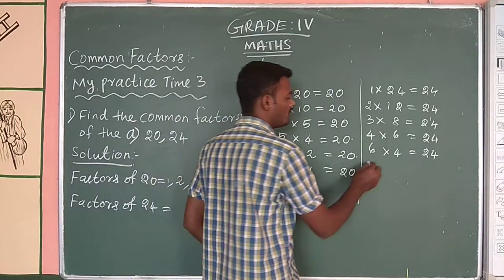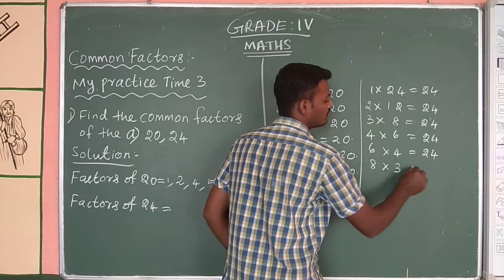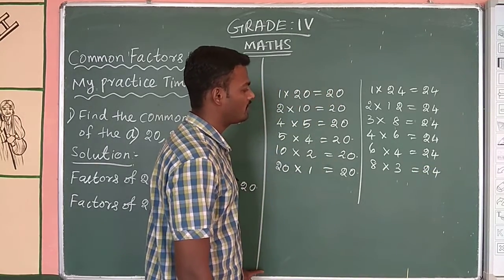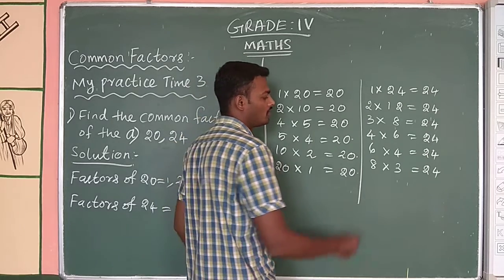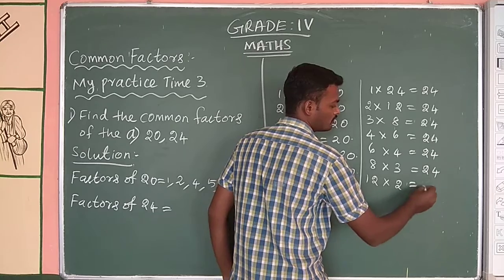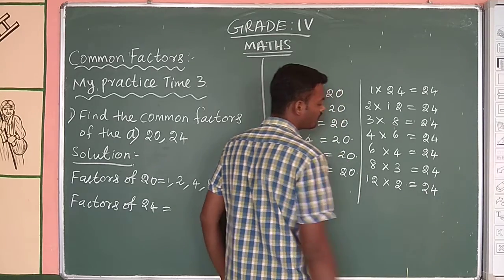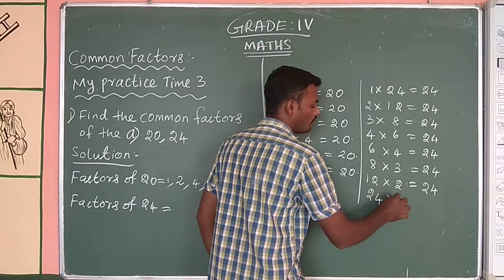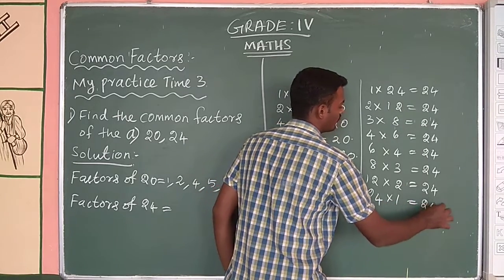Eighth table, 8 3s are 24. Ninth table and 10th table, 11th table also do not come. And 12th table, 12 2s are 24. Next one, 24th table, 24 1s are 24.